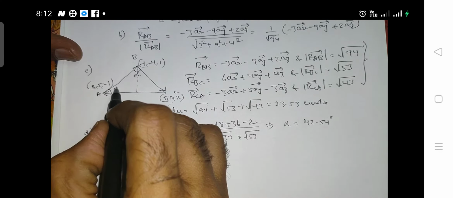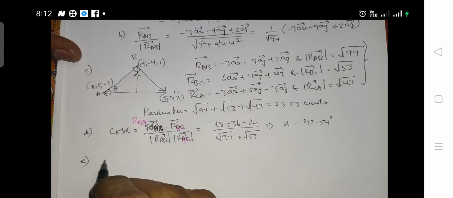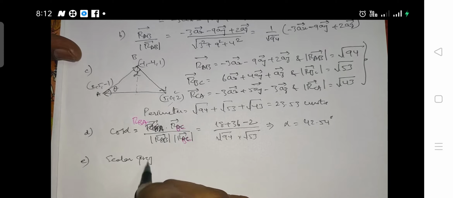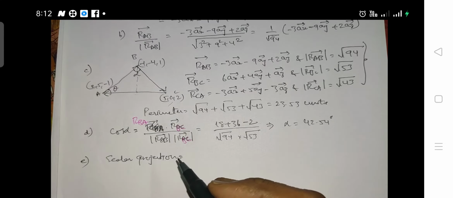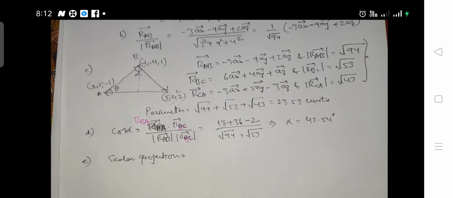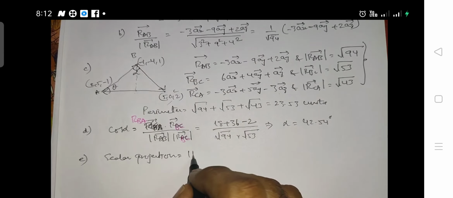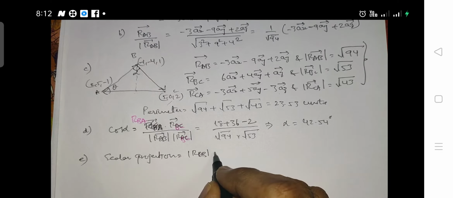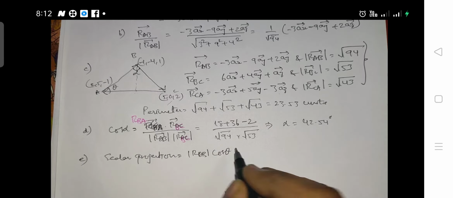Consider this angle as theta. Then the scalar projection is equal to magnitude of RAB into cosine of the angle theta.